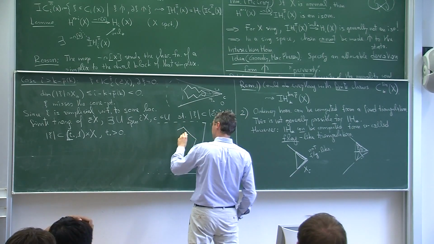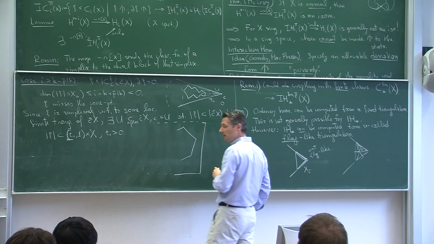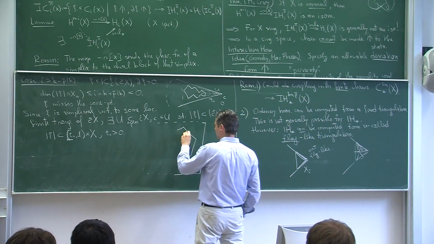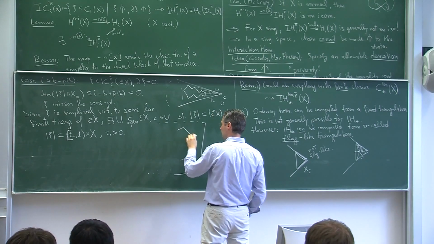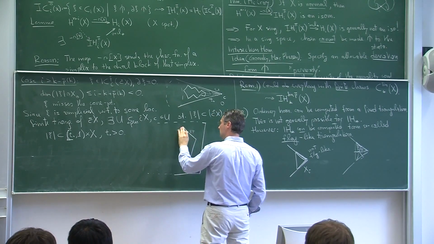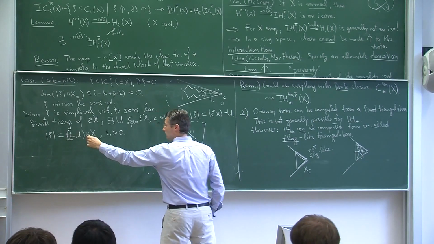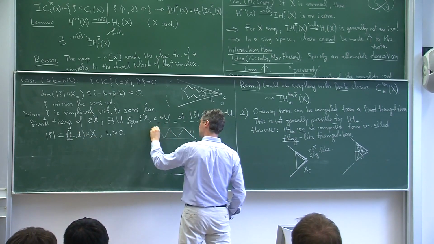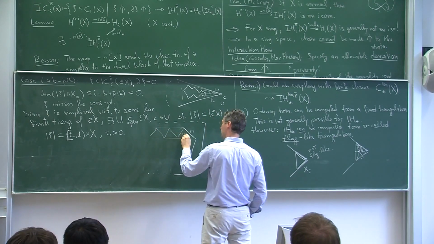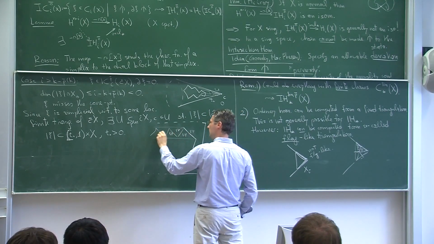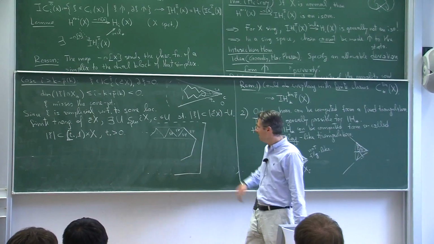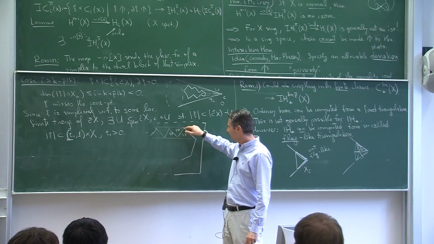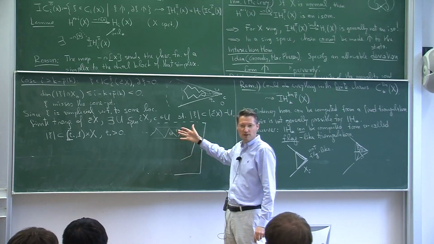There is a technique in PL topology which is sometimes called combing. So you can just do the following. If the value of the chain here, say, is 17, right? So you stratify. Of course, this is just an interval, so you can triangulate it nicely, maybe like this, and then you simply assign 17 to all of these, and you just keep going. And then this is the boundary of that thing. If you do this for all the simplices, you will get a chain whose boundary is the given cycle.